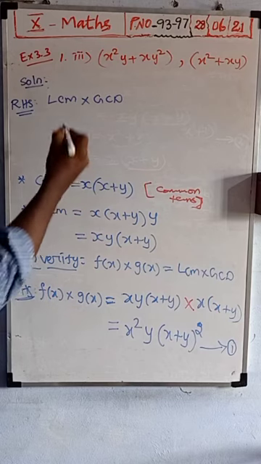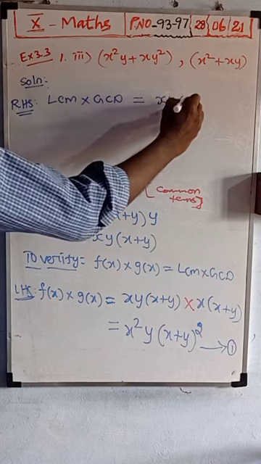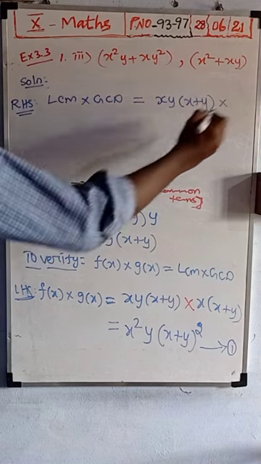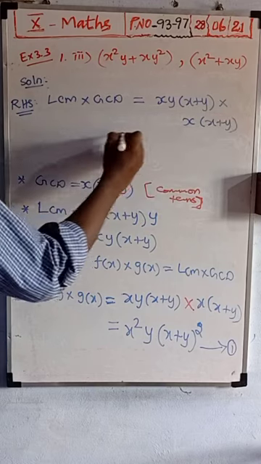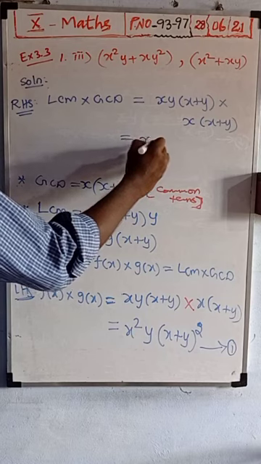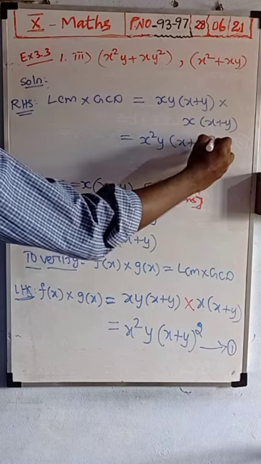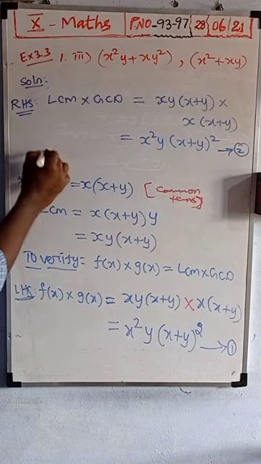The LCM we received is xy of x plus y, into the GCD, x of x plus y. Multiplying, the same: x squared y of x plus y into x plus y to the whole square. So this is equation 2.